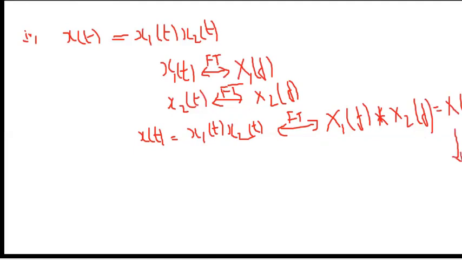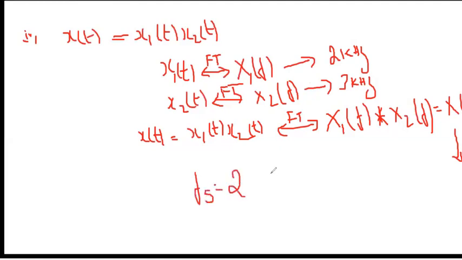Now you can find the sampling frequency of x of f. The x1 of f is 2 kilohertz, and x2 of f is 3 kilohertz. I can find the frequency of x of f by combining the two functions x1 of t and x2 of t. Now the sampling frequency fs, 2 into, because it is a product of x1 of t and x2 of t.